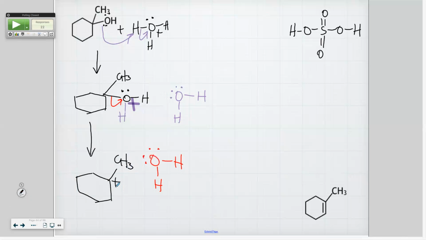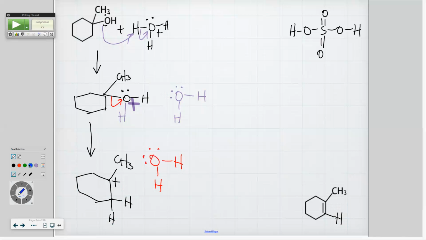Okay, now what is the difference between this and the product down there? A double bond. What else? It's lost a hydrogen, because on these carbons there are two hydrogens, and over here on this carbon there is only one hydrogen. So what do we need to do? We need to lose one of those hydrogens.